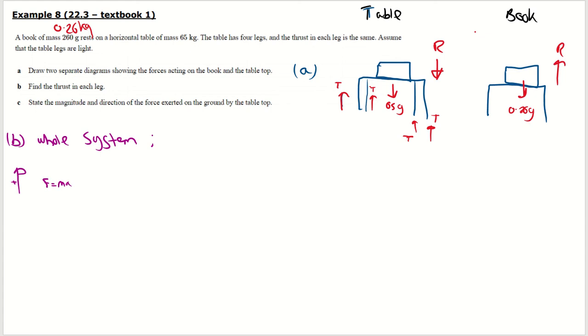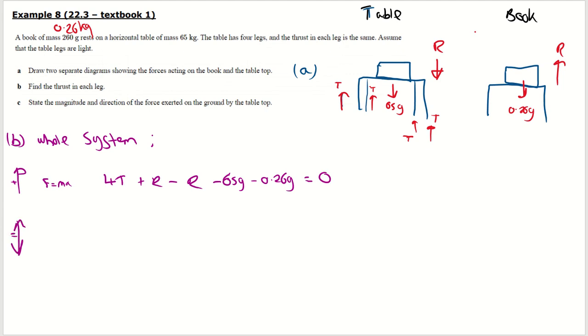For the whole system, it would be 4T, plus R, minus R, and then minus 65g and minus 0.26g. And because it's in equilibrium, it will be equal to the combined masses times by 0.